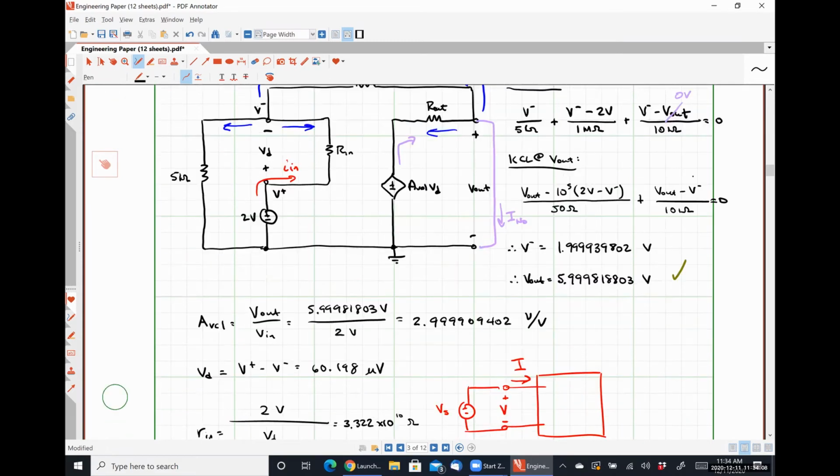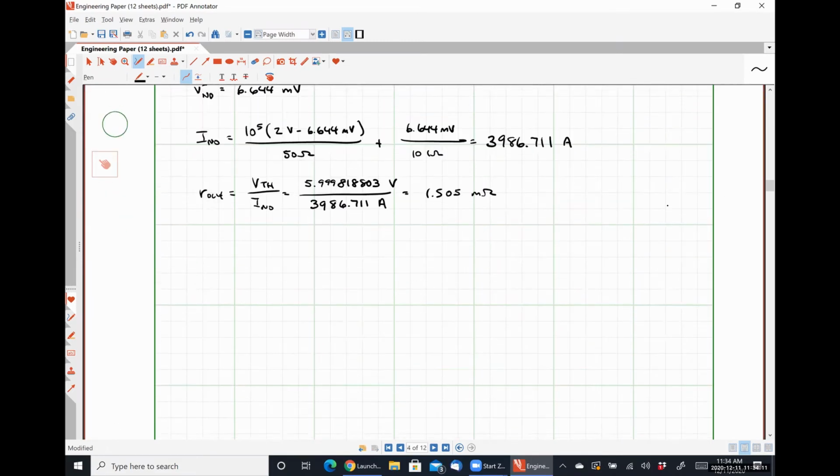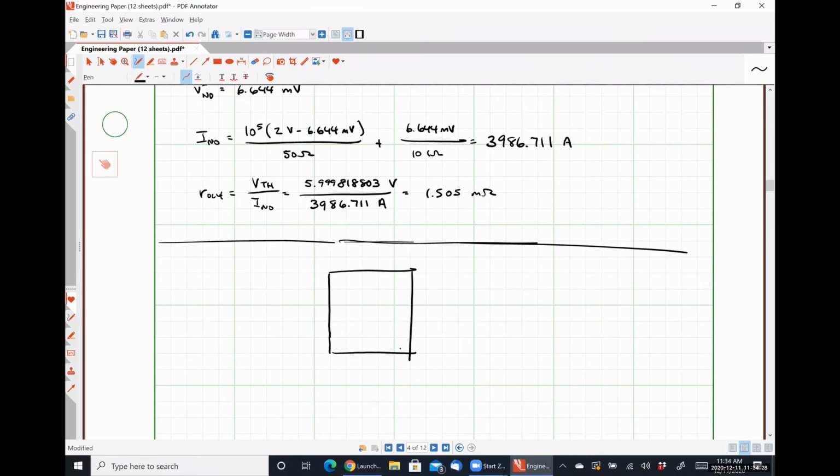So now we are going to talk about the ideal op amp model, okay? If you recall from our first lecture, when we had our black box amplifier circuit, this is the input voltage across the amplifier.